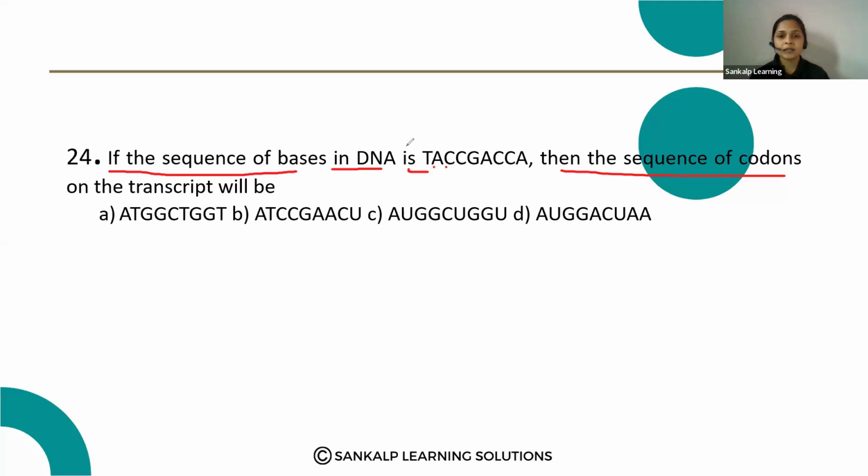The mRNA will be in the 5 prime to 3 prime direction, and thymine is replaced by uracil, so AT is not the correct answer.